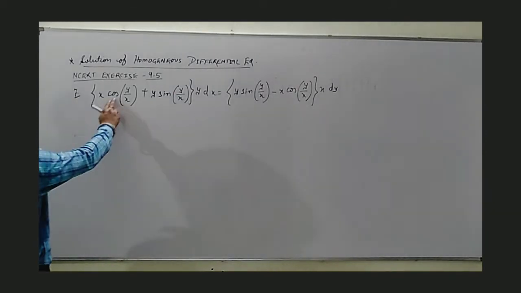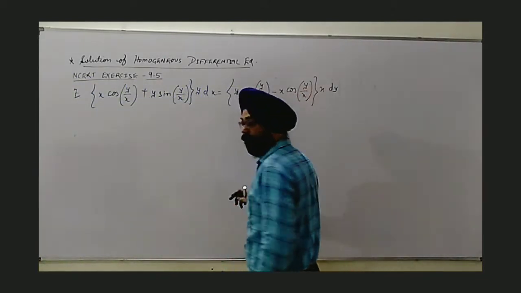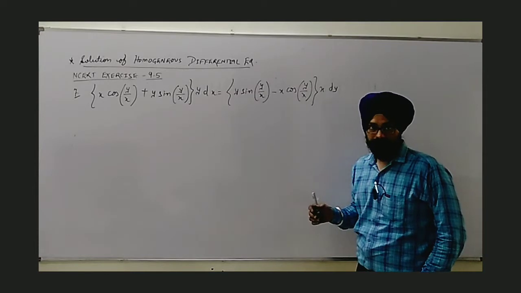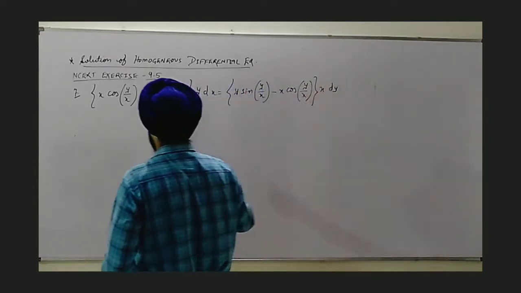You can check cos of y upon x. Everywhere y upon x is given. So this will confuse or may look difficult. So first of all we will find dy by dx. Here it is dx. This one is given dy.